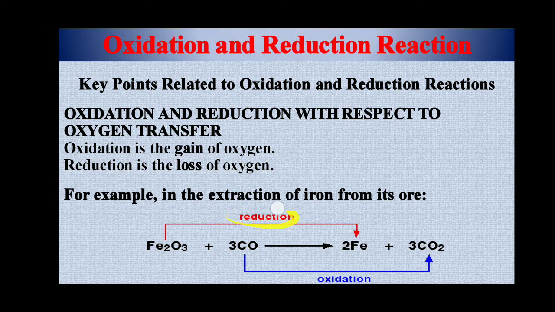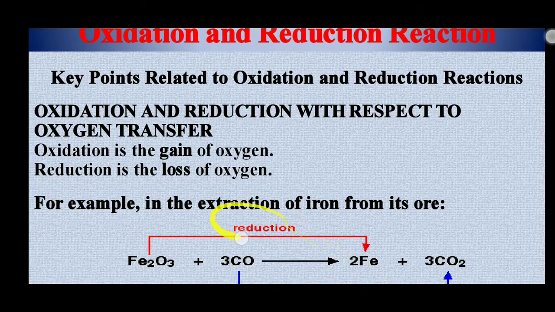And here carbon monoxide becomes carbon dioxide. That means one oxygen is added and it becomes carbon dioxide, and that is why it is an oxidation reaction. So both properties are proved: gain of oxygen is oxidation, loss of oxygen is reduction.